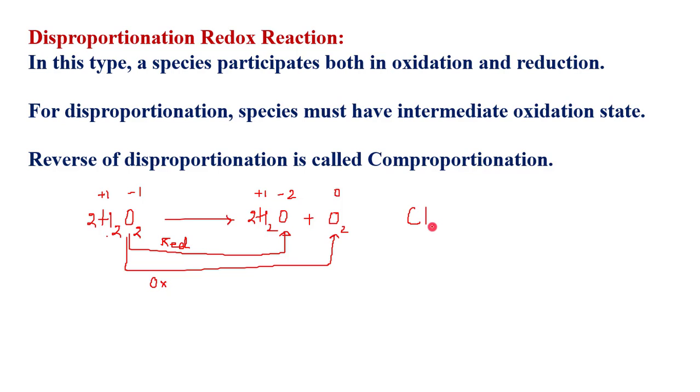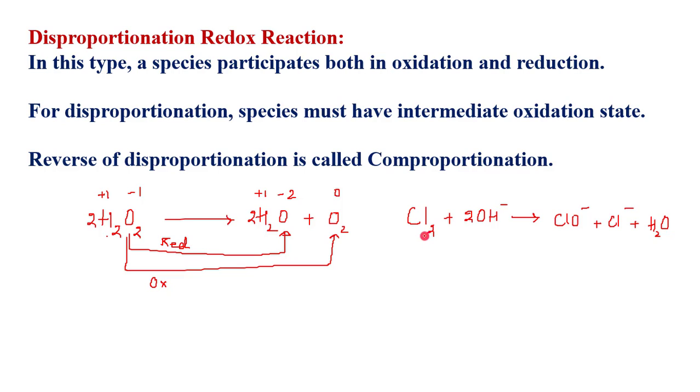If I take one more example, chlorine in basic medium gives hypochlorite ion ClO minus plus Cl minus plus H2O. This is an equation given to you.